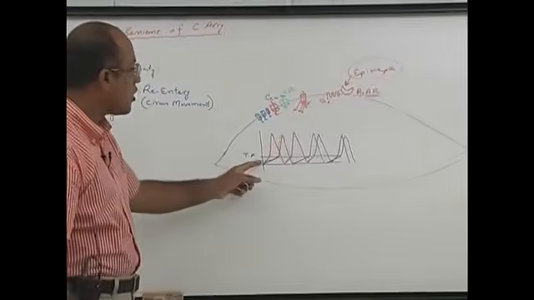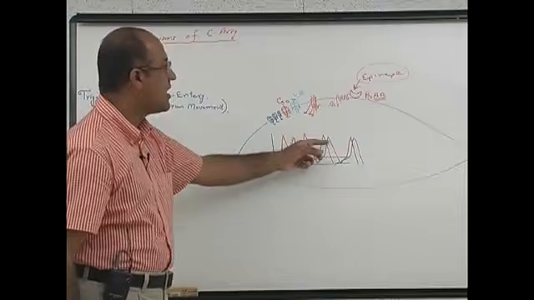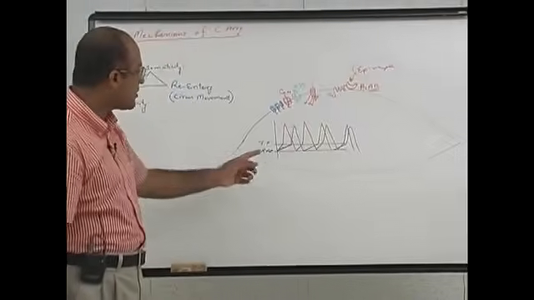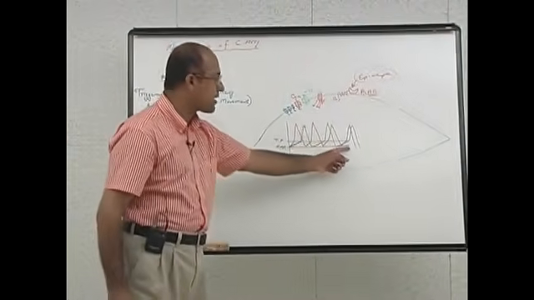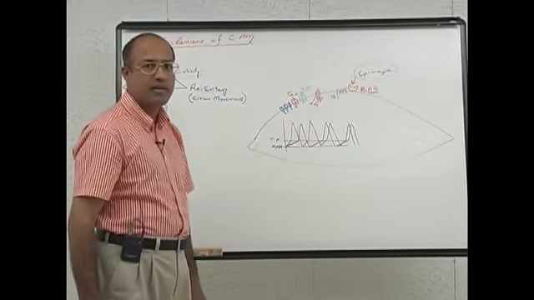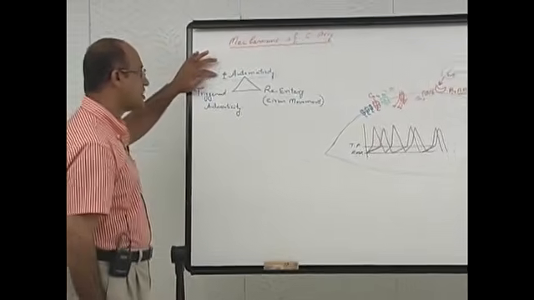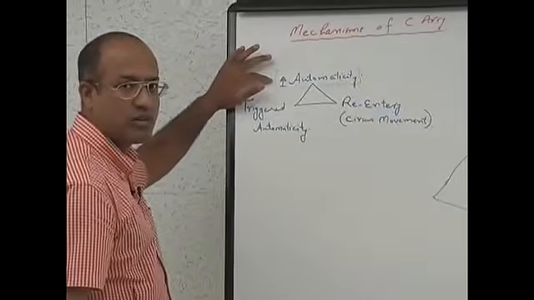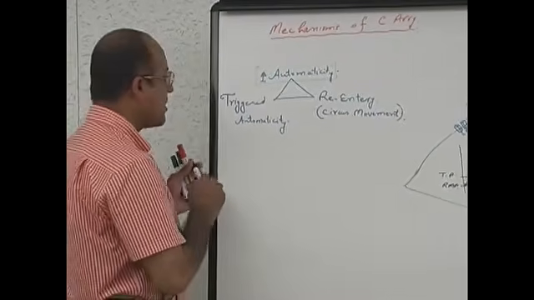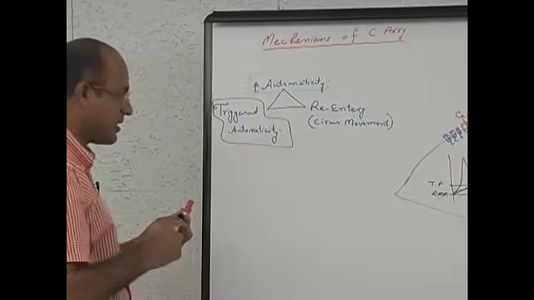We can say that normal automaticity is enhanced or increased after the action of epinephrine on SA node, and SA node will be firing more frequently, and if SA node is firing more frequently, we say there will be sinus tachycardia. So this was one example of how increased automaticity can produce tachyarrhythmia. Now we come to another example where triggered automaticity can lead to tachyarrhythmia.